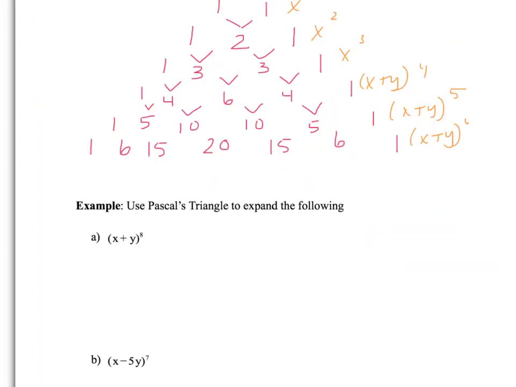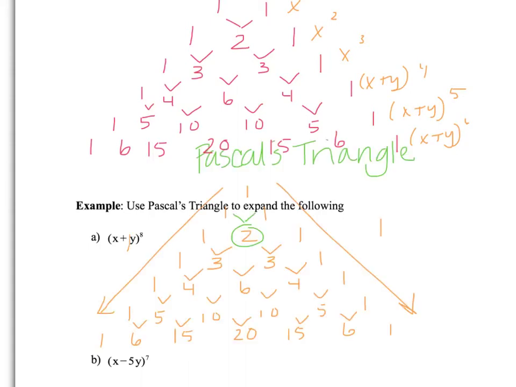So here's an example of how we can use Pascal's triangle. If I want to expand x plus y to the 8th, I can use Pascal's triangle to figure out my coefficients. So I'm to the 8th, which means my expansion is going to have 9 terms in it, and I'm going to be using the 9th row of Pascal's triangle.